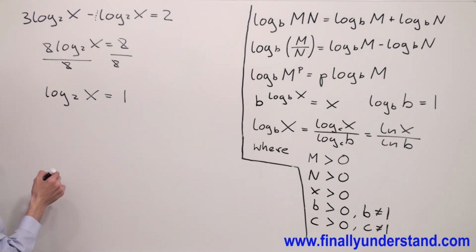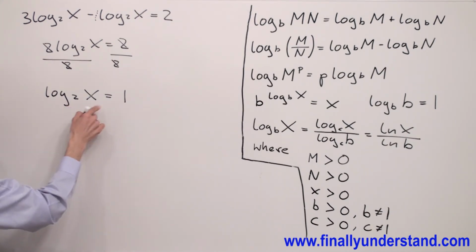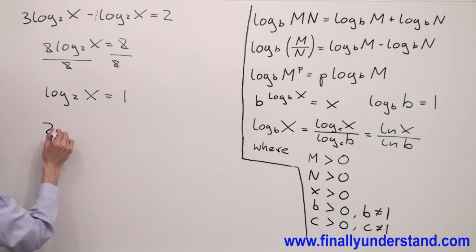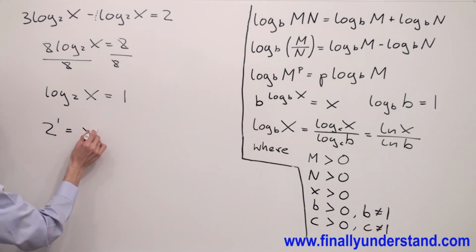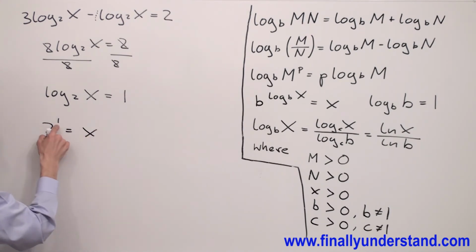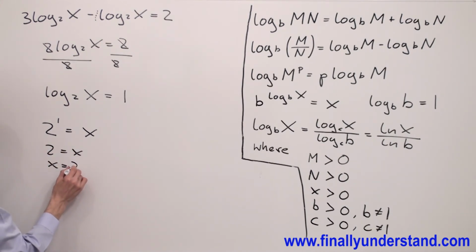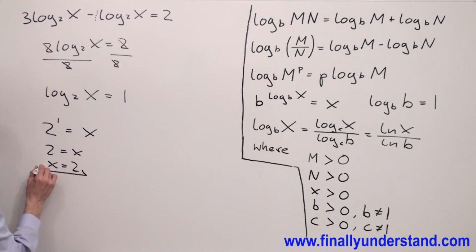Next, I can convert the logarithmic form to the exponential form. I'm going to have 2 to the first power is equal to x. 2 to the first is simply 2. 2 is equal to x, or x is equal to 2. This is the solution to my problem.